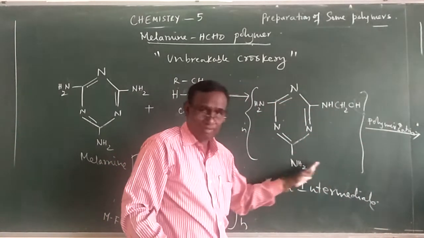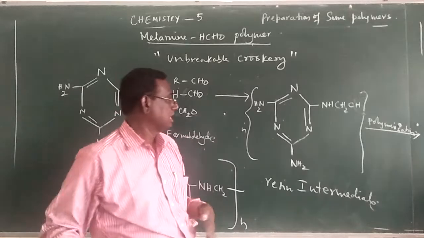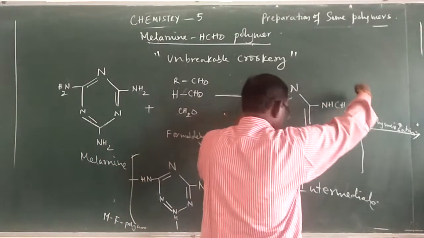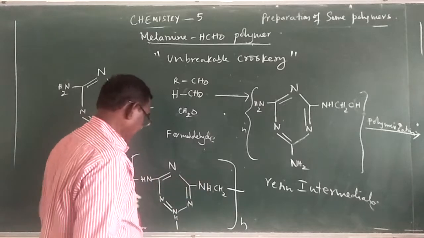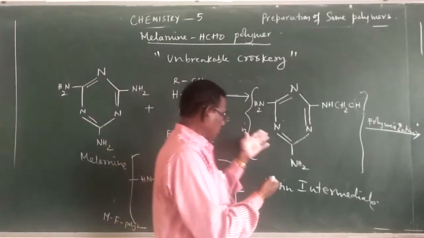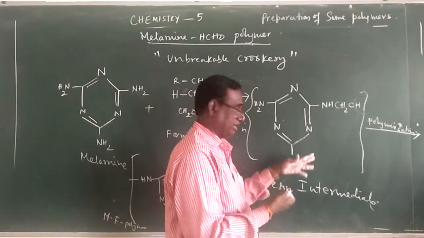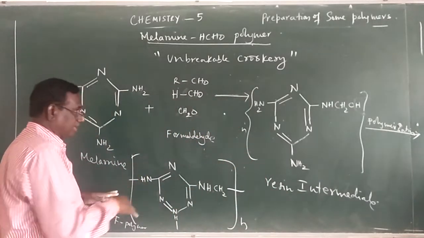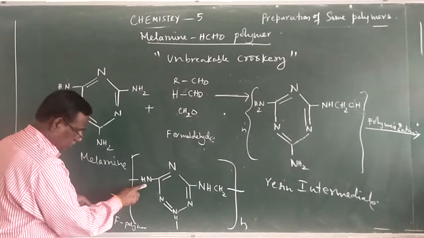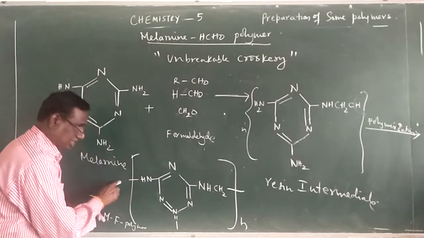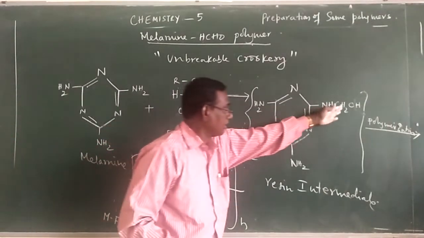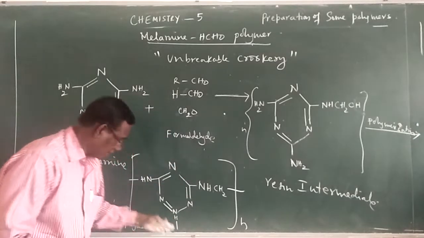This molecule is the resin intermediate, which is formed before the product. This resin intermediate will undergo polymerization. A large number of these resin intermediates undergo polymerization, and you will get NHCH2 with dashes, and NH with dashes, because formaldehyde molecules are added here also.